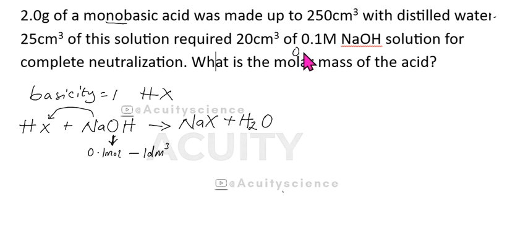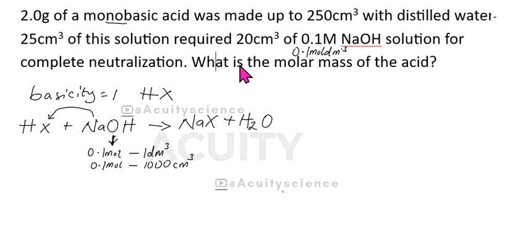This is also written as 0.1 mole per dm cube. The same thing. Okay, so 0.1 mole in 1 dm cube. This means in 1000 cm cube, which is the same as 1 dm cube, you have 0.1 mole. I'm putting it in that unit because volumes are all in cm cubes here.